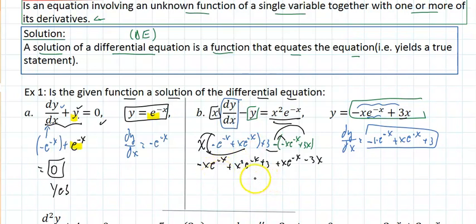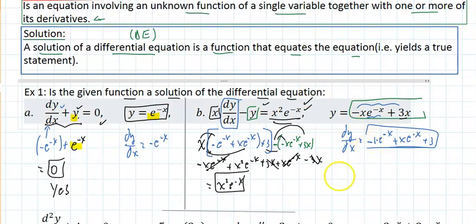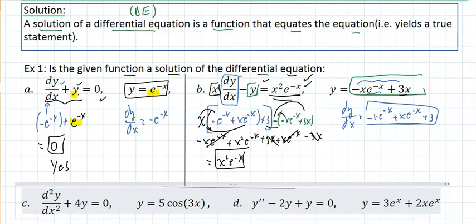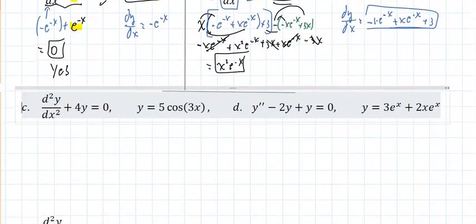There's the derivative, x times the derivative. So this is really 3x plus 3. Okay, and what do I get? Well, I noticed that these two cancel out. And these two cancel out. And I'm left with x squared e to the negative x. There it is. Again, later on in the chapter, you're going to be given that equation and they're going to say find the solution. You're going to come up with this as a solution. For now, I'm given the problem and I'm given a proposed solution, checking if it is a solution or not. It's that simple.